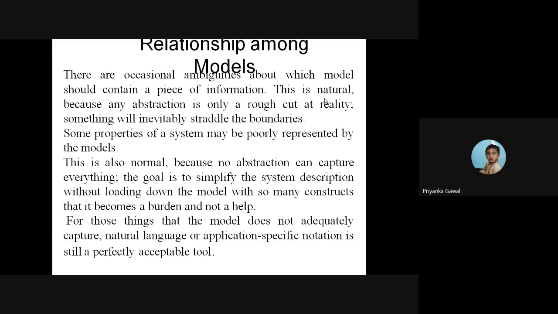Something will inevitably straddle the boundaries. Some properties of a system may be poorly represented by the models. This is because no abstraction can capture everything. The goal is to simplify the system description without loading down the model with so many constructs that it becomes a burden, not a help.